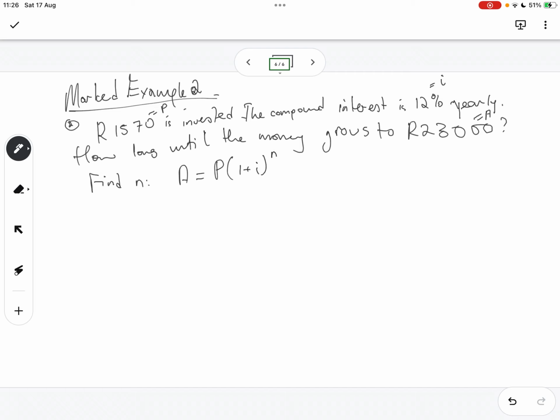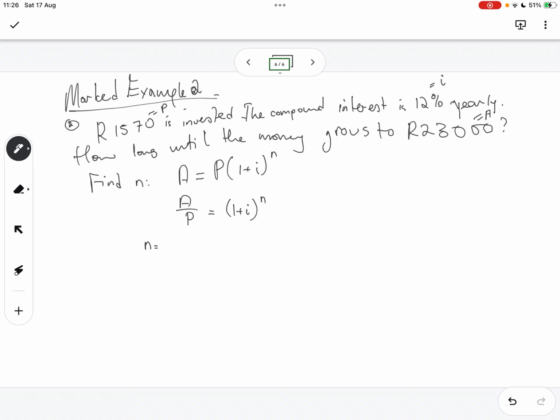So A equals P into 1 plus interest rate to power n. I am going to solve for n before substituting, so that I have A divided by P equals 1 plus i to power n.